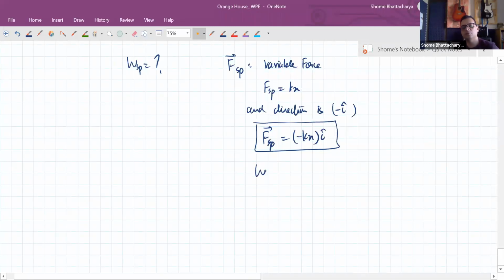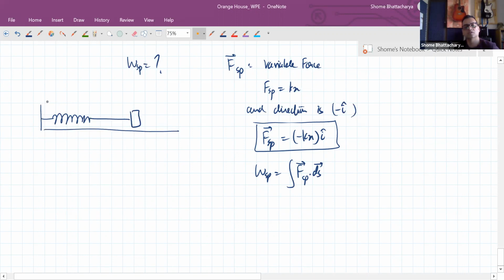So what we have to do is we have to calculate work done by integration of this spring force over displacement. Okay. So we look at this situation where this is L plus x and spring force is acting like this. And then from here, we look at very small further displacement.